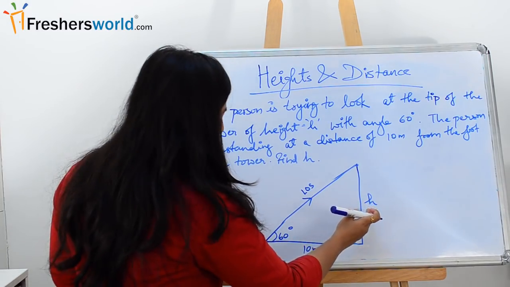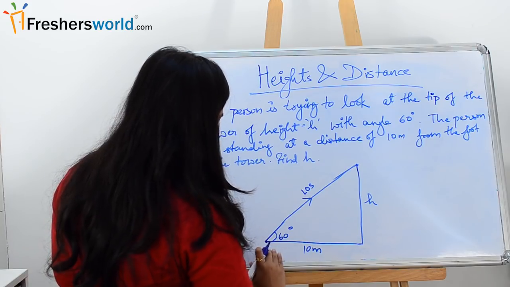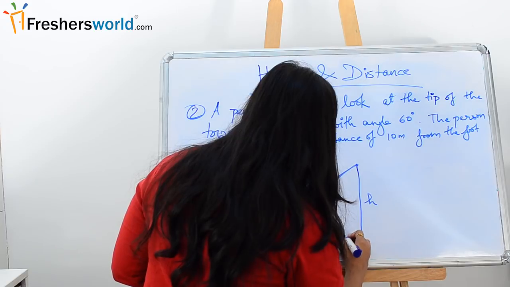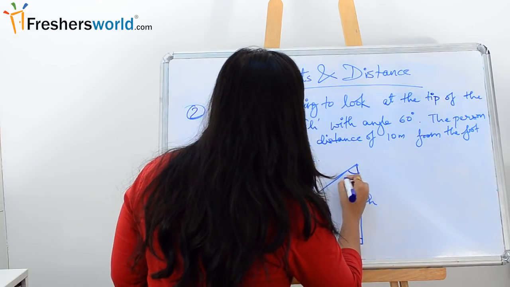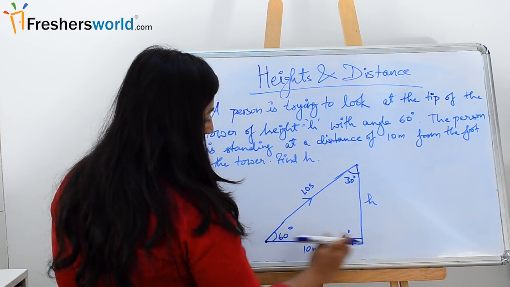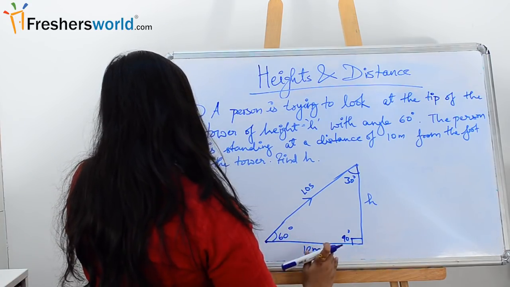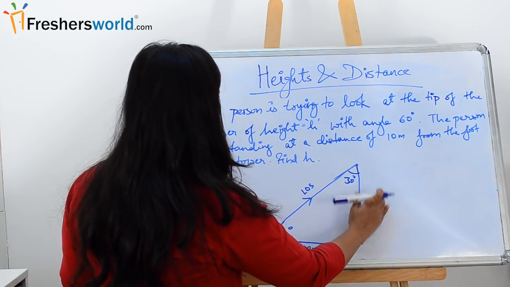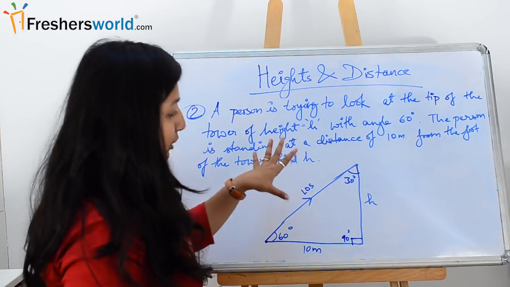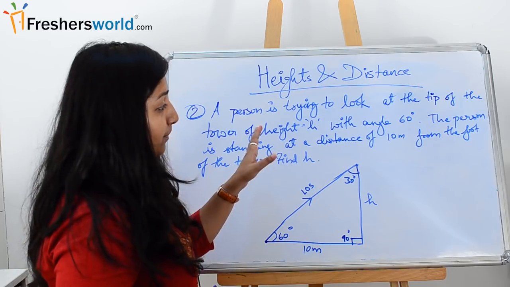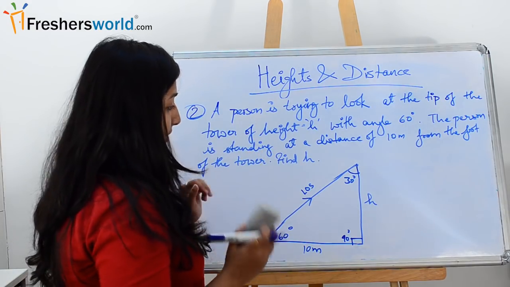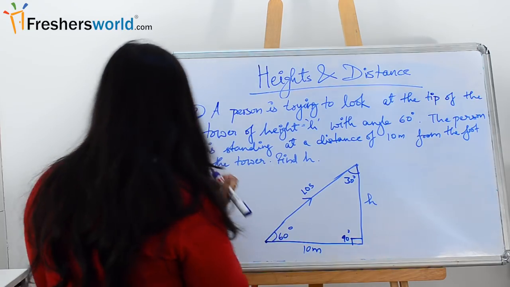Now we have 10 meter, we have 60 degree. So like always, this will be 90 degree and this will be 30 degree. So we have 30 degree, 60 degree and 90 degree, and we have 10 meter and we have h. When we try to put these values in that ratio, then how would we get the answer? Let's try.